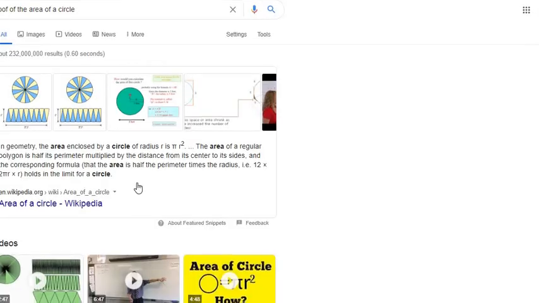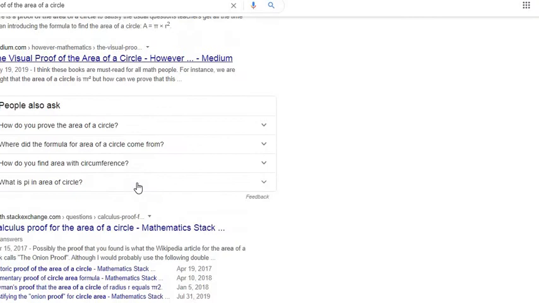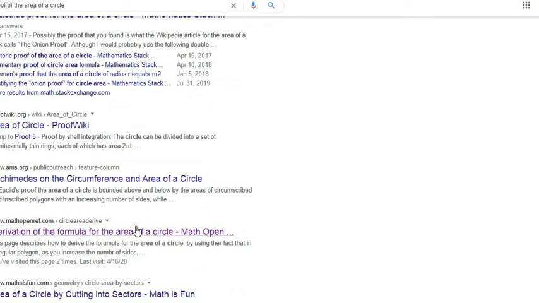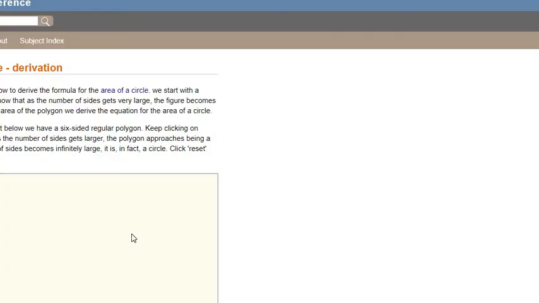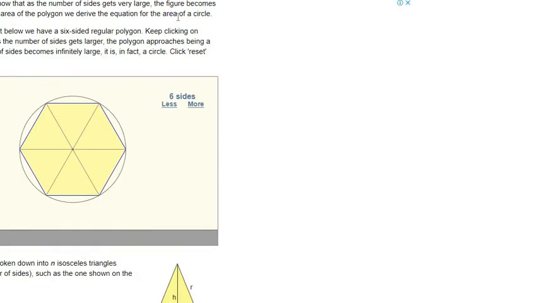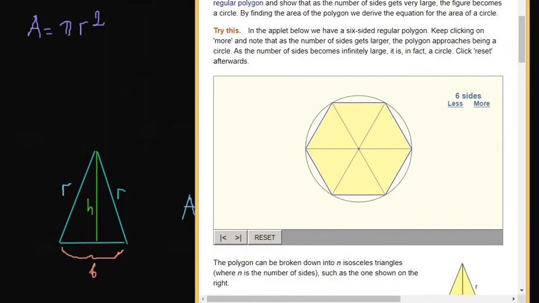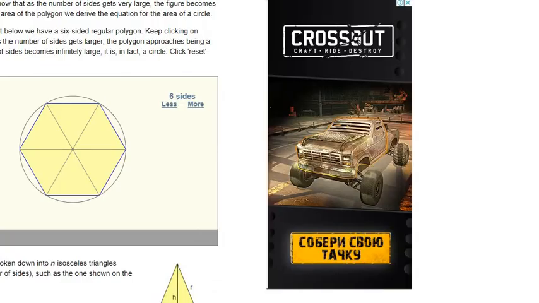And there's a very nice animation when you are increasing the number of sides of these polygons. I encourage you to check it out. Yes, it is here.